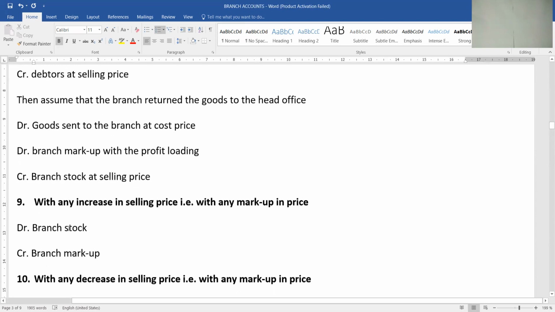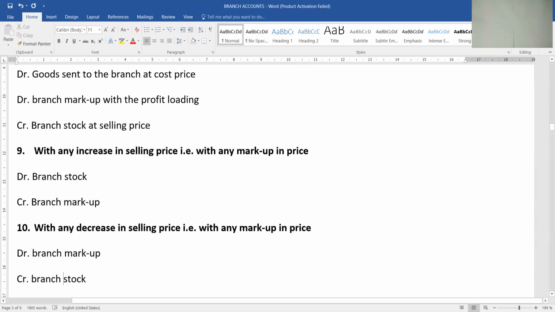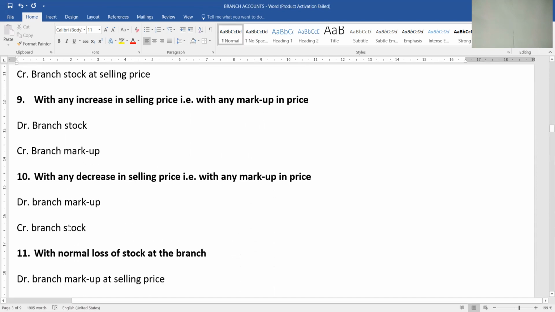So with any increase in selling price, that is with any markup in price, debit branch stock, credit branch markup. Then with any decrease in selling price, with any markdown in price, debit branch markup, credit branch stock.